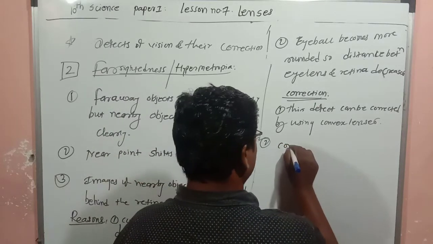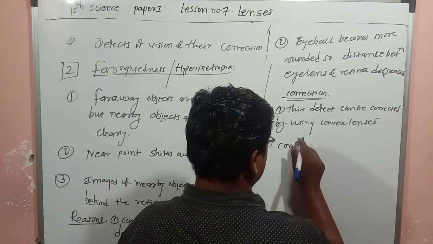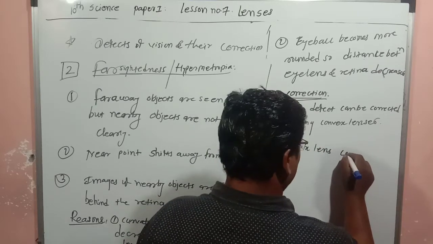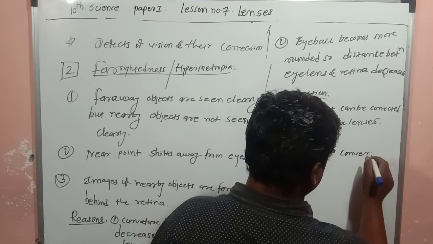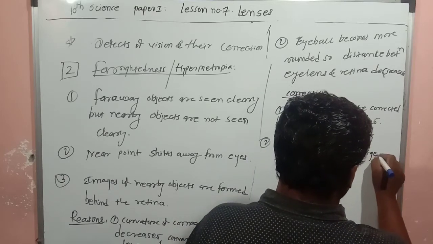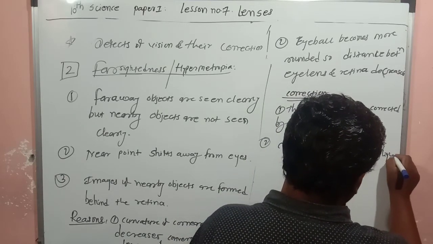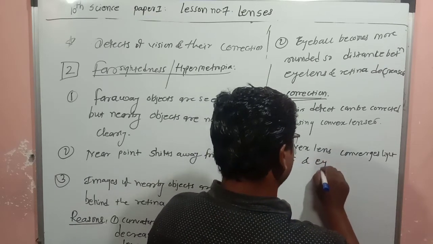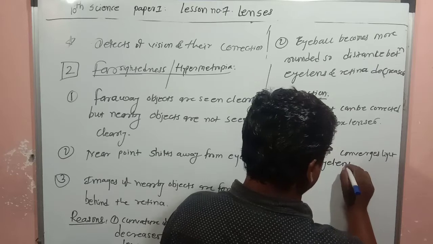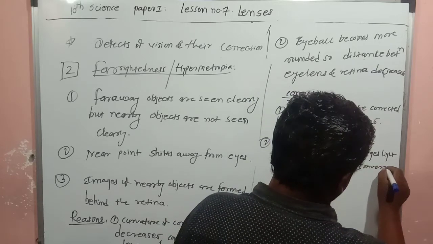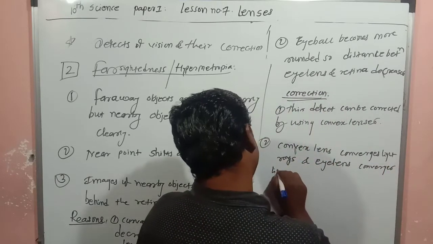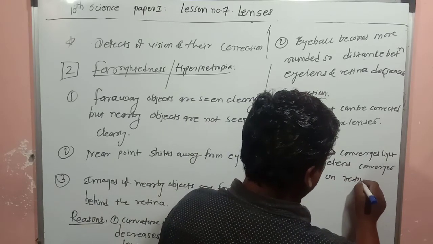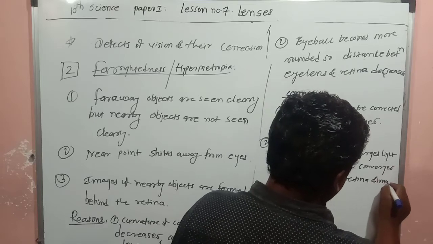So the convex lens converges light rays, and the eye lens converges light rays on the retina and the image is formed.